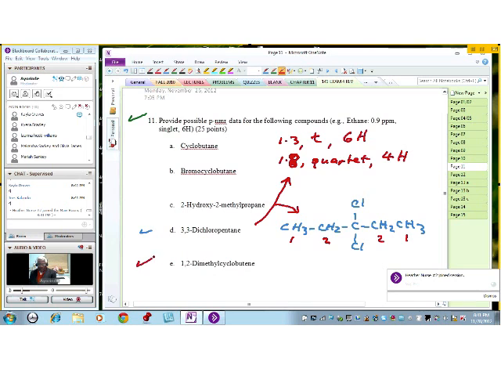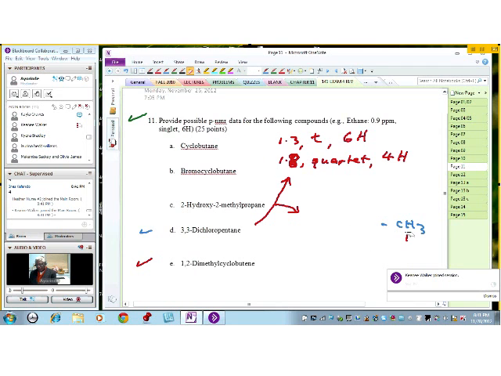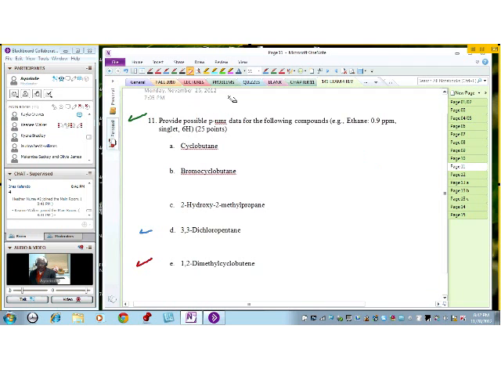Now let us do this one here. At this point I am going to erase this so I give myself some room. 1,2-dimethyl cyclobutene.